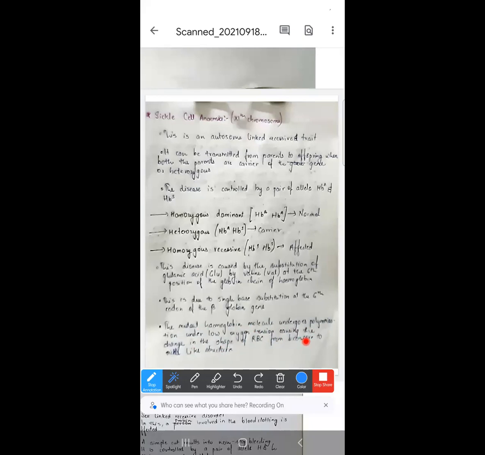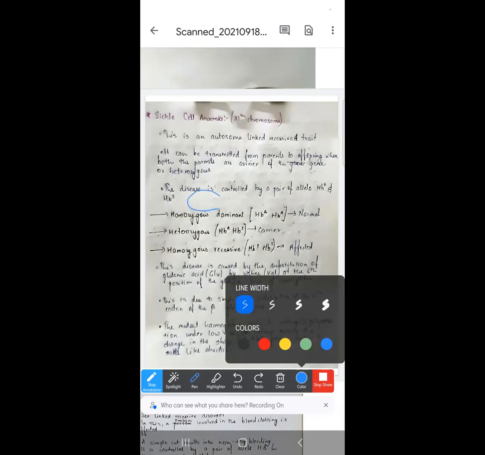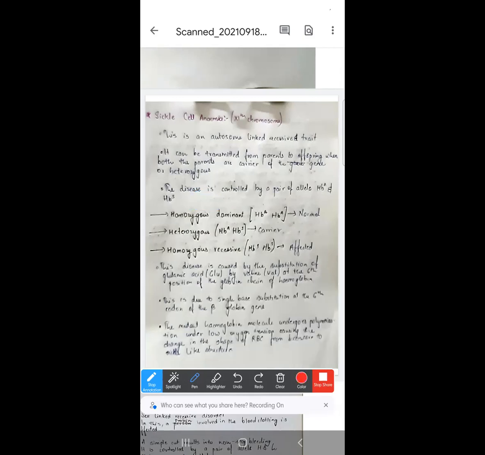What happens? We know RBCs are somewhat shaped like this. But now, due to sickle cell anemia, they are transformed into somewhat this shape.